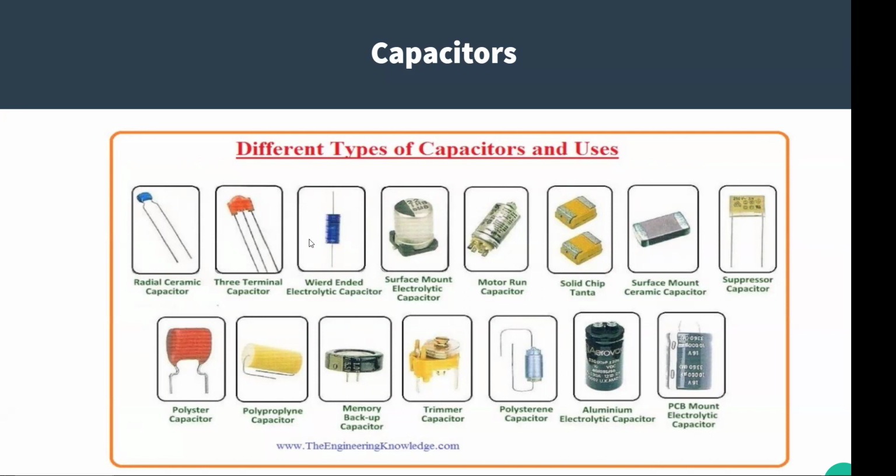Most of these capacitors, in the case of the ceramics, have a ceramic dielectric with a metallic coating on each side to form the conductive plates. So that's where it gets the capacitance. In some cases, they'll do multiple layers to get more capacitance.